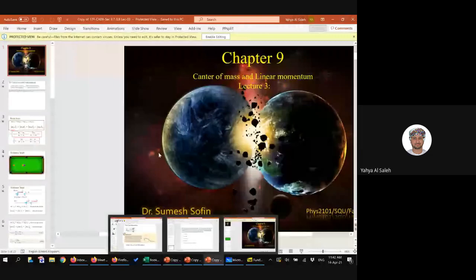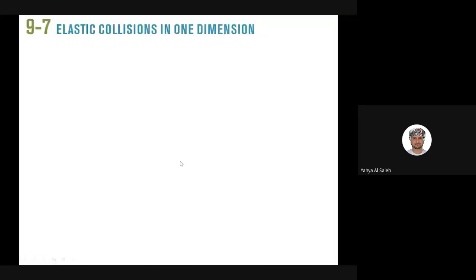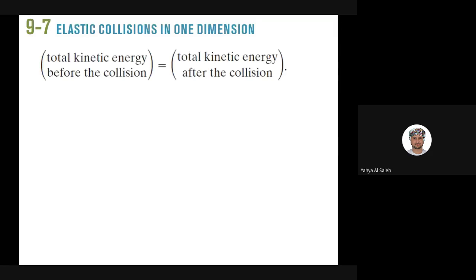Let's look at elastic collisions. This is one of those chapters where things are confusing until we cover everything, and then we're like, okay, so this is different to this, different to this, different to that. If we have a properly elastic collision, the total kinetic energy before the collision is equal to the total kinetic energy after the collision.